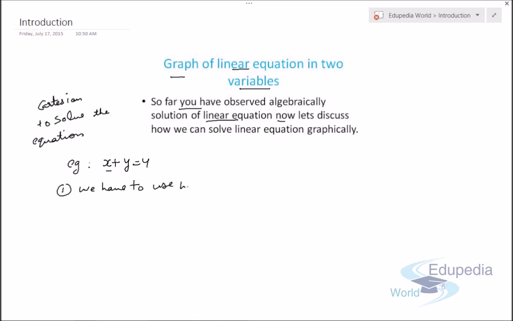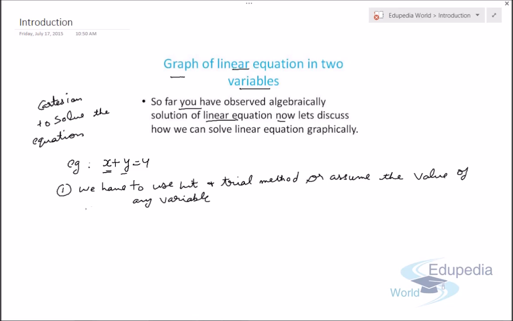use hit and trial method, or you can say we have to assume the value of any variable. Any variable means we have to either assume the value of x or y.